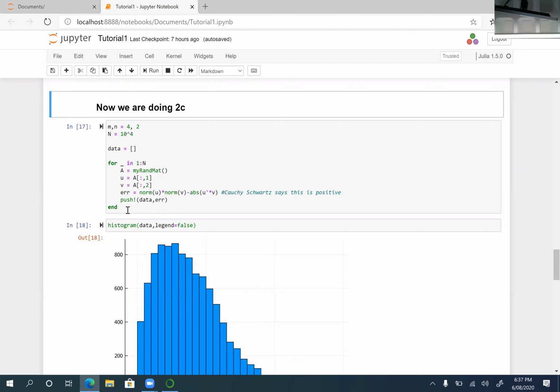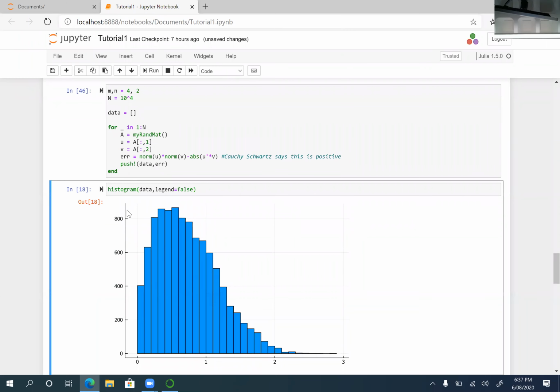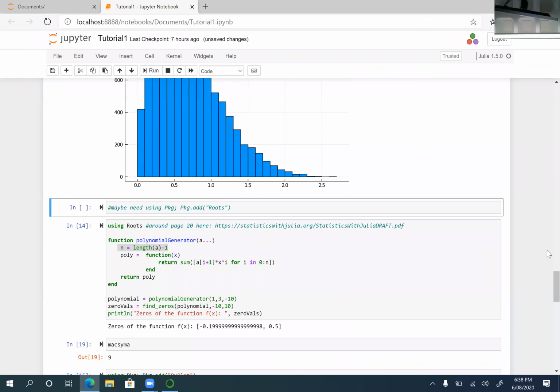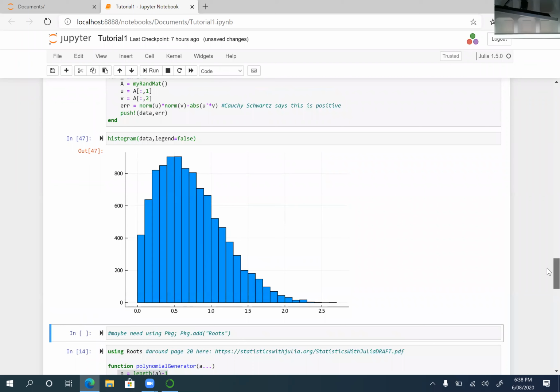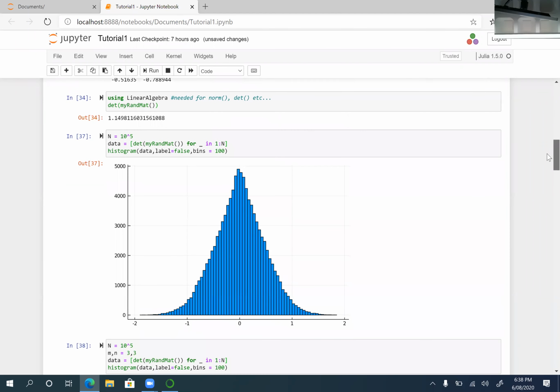Okay, so let's run this. Okay, and I think that's gone through. And then I'll just redo the histogram there. So histogram of the data, legend is false. Let's have a look at that. All right, so when you look at this, and since I've run it again, we see the same sort of shape, right? It's not just a coincidence, but you'll notice that it's different to these histograms up here.